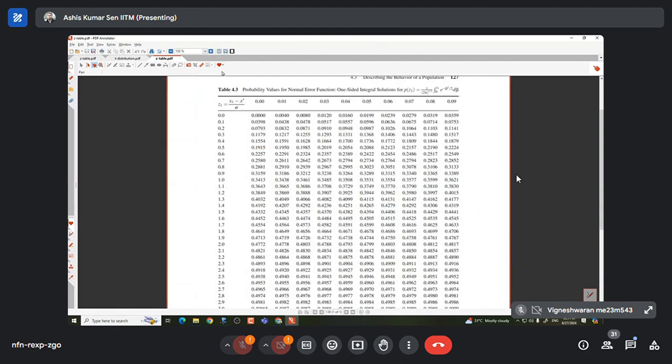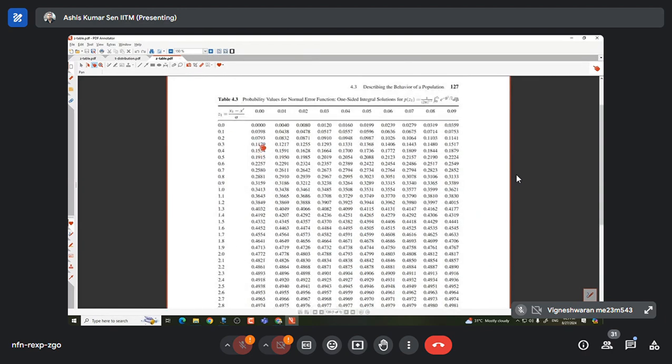If you look at the table, this is how the normal distribution table looks. You can see this equation I wrote, which is the probability density function. The rows show the value of Z1, that is your particular data minus the true mean, divided by sigma.